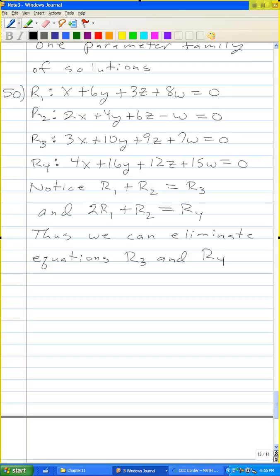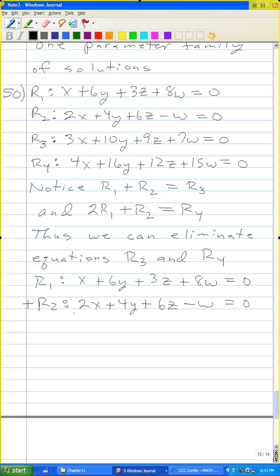Okay, so let's show this. R1 plus R2. Let's show you that that's R3. Let's add these: 3x plus 10y plus 9z plus 7w is 0.